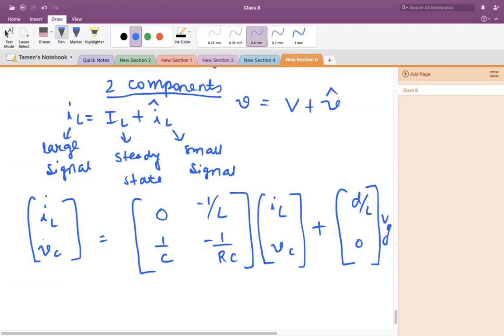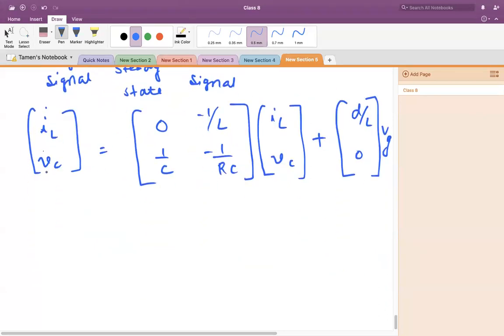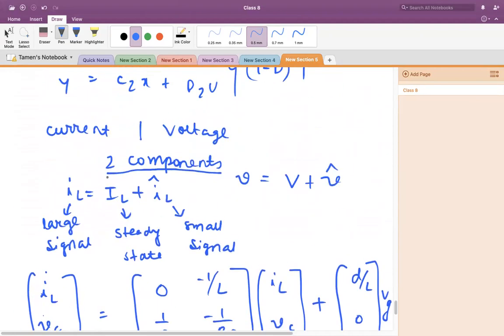Now we'll consider the two components, that is the steady state and the small signal, both. IL will be equal to capital IL plus small IL hat. VC will be capital VC plus small VC hat. I need to consider both the steady state part and the small signal part.